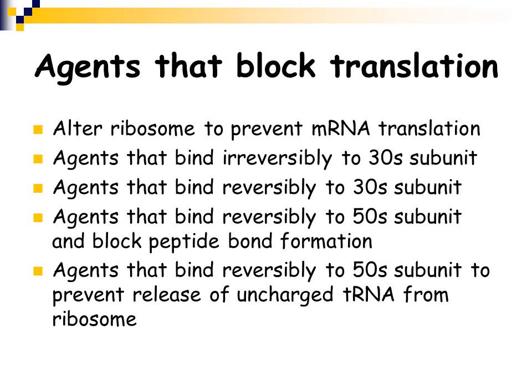Now, the agents that will block translation, they do this in many different ways. They can alter the ribosome because the ribosome is what comes in, attaches to the messenger RNA, and moves down the messenger RNA to translate those triplet codons. So if they alter the ribosome, you're not going to get translation.